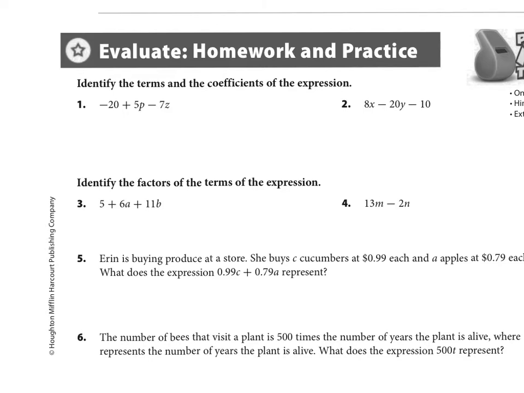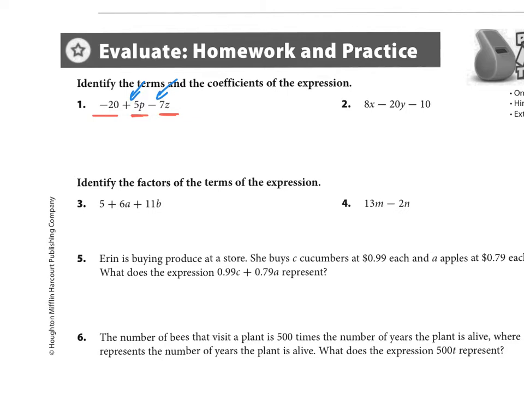Okay, terms are each of the individual parts of a problem. So in this particular case, we have 1, 2, 3 terms. A coefficient is a number in front of the variable. So the coefficients here are positive 5 and negative 7.